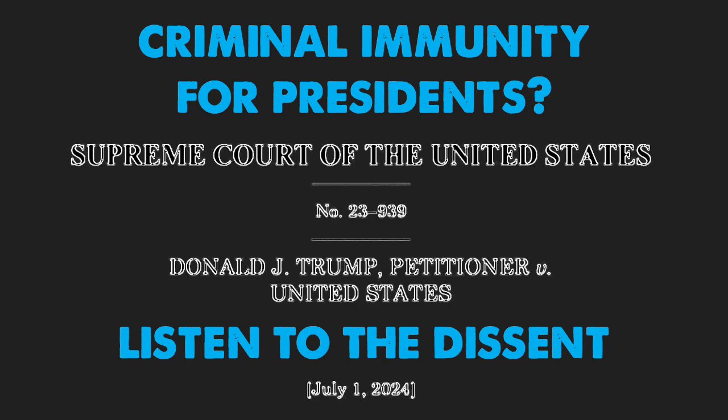Finally, in an attempt to put some distance between its official acts immunity and Trump's requested immunity, the majority insists that Trump asserts a far broader immunity than the limited one the majority has recognized. If anything, the opposite is true.